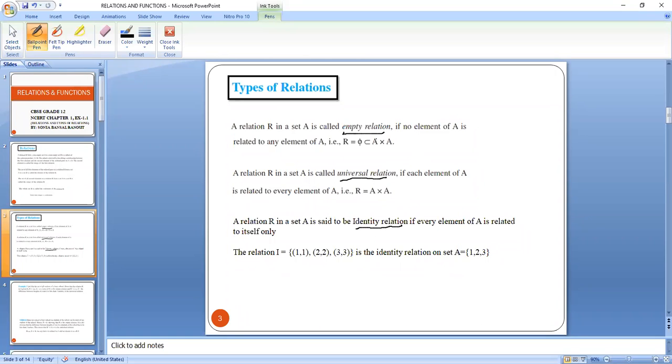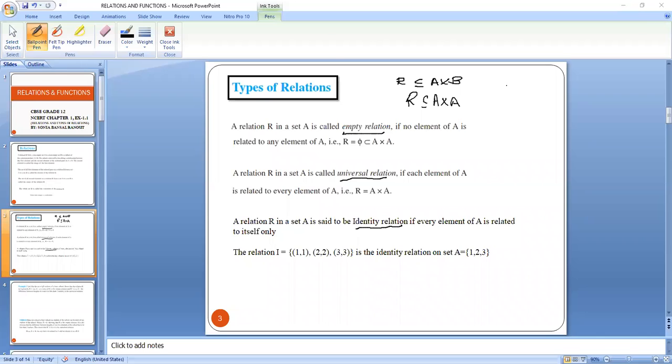Three relations we will discuss right now, then we will discuss more relations. We are saying that relation is subset or equal to Cartesian product of two sets. This B could be the set A itself also, right? Relation could be subset or equal to A cross A. Relation could be subset or equal to A cross B.